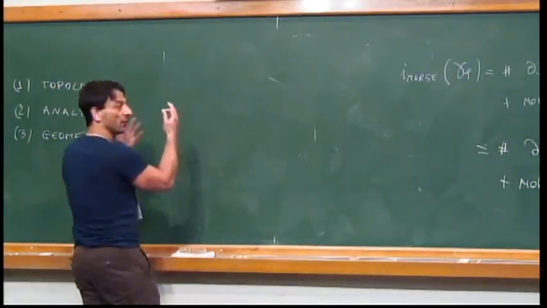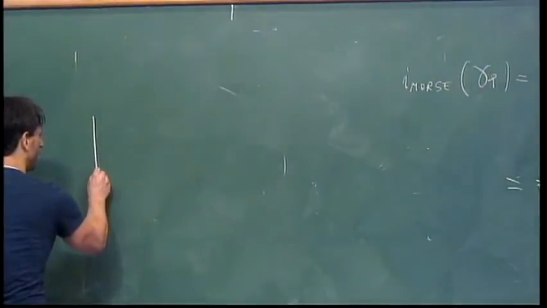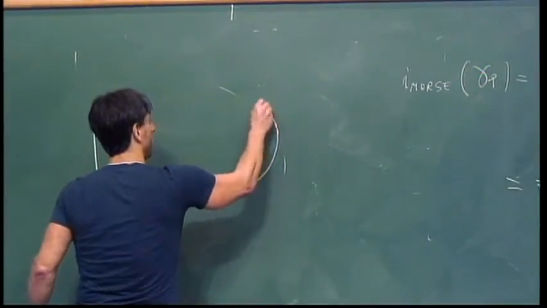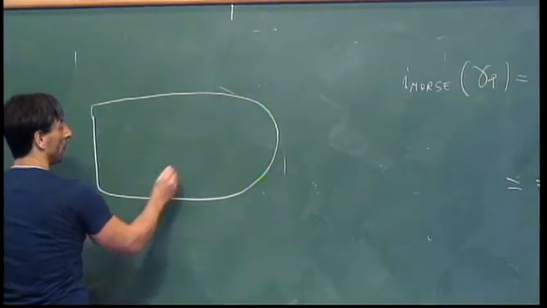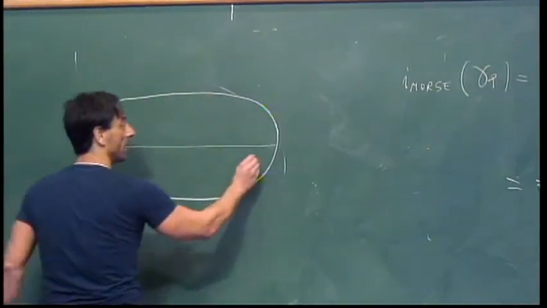Suppose this is a two-dimensional example. So suppose you take here a piece of straight line, and then you connect it, and then here you take an arc of a circle, okay? So that this geodesic here arrives orthogonally.